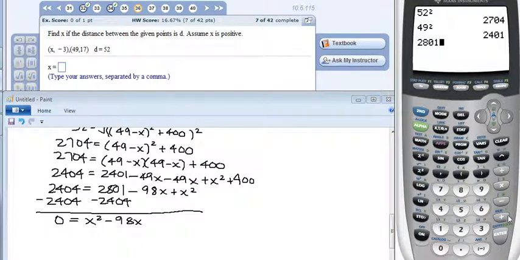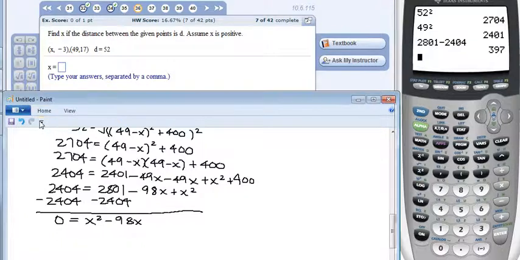So I've got 2801, and I'm subtracting 2404, and I've got 397. Something went haywire there. 2801 minus 2404. Well, why did that turn into a 4 when it was a 7 all along? I did it again! Oh good, I get my eraser back out.